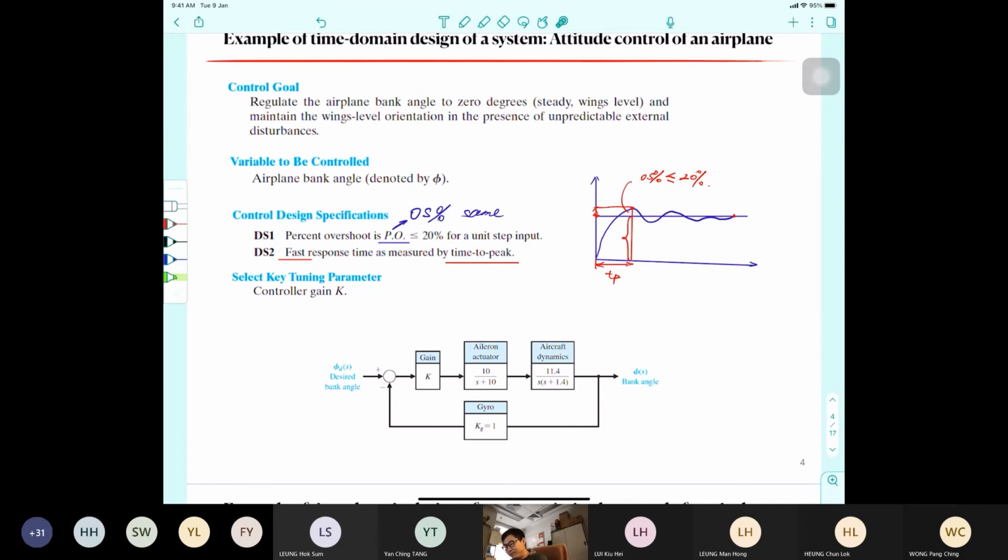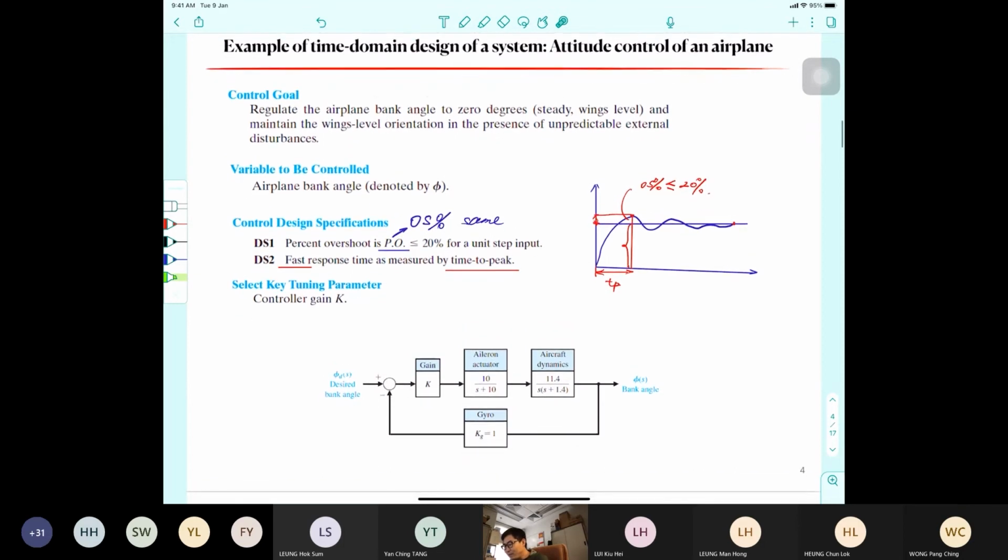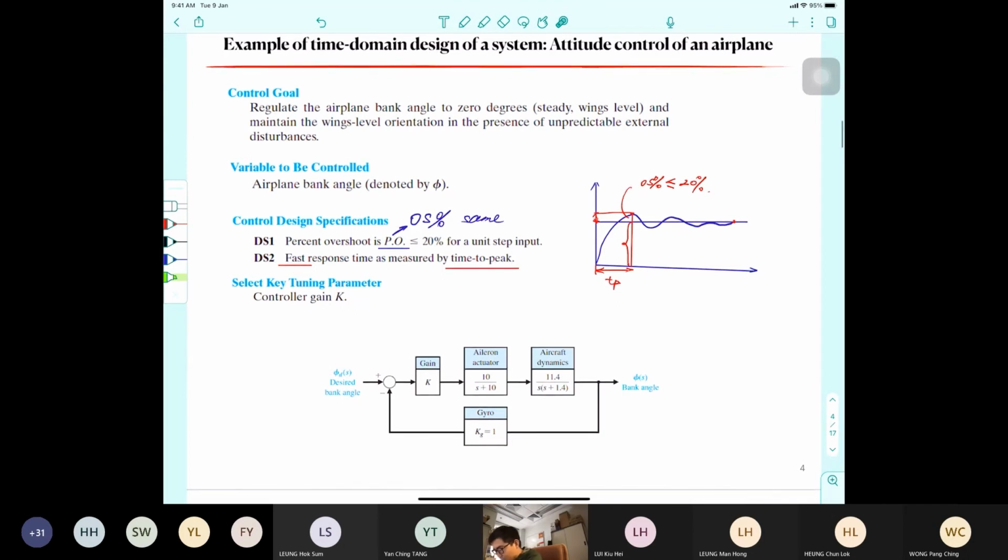And then we need a feedback of the bank angle to the input to make it a feedback control system. Okay, in English maybe it is a gyrograph or gyration, right?